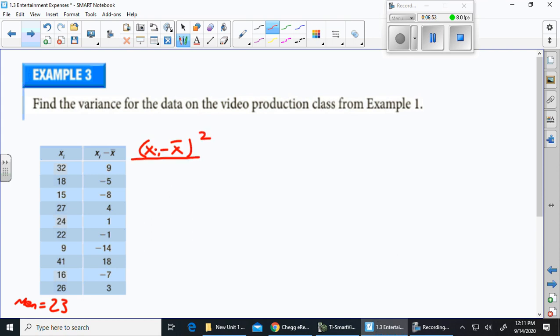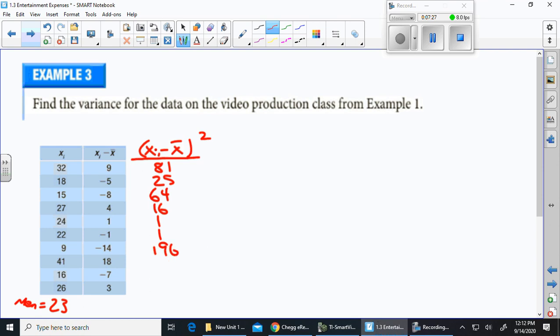So we're squaring 9. We're squaring -5. And remember, with a calculator, you have to put negatives in parentheses because anything multiplied by itself is going to be a positive. So then that's 64, that's 4 squared, 1 squared, 1 squared, 14 squared, 196, I think.